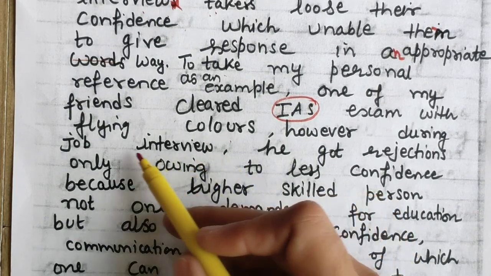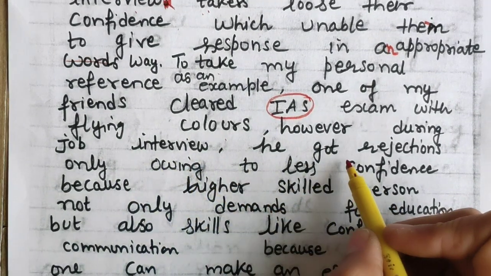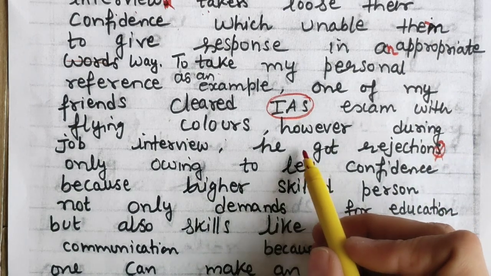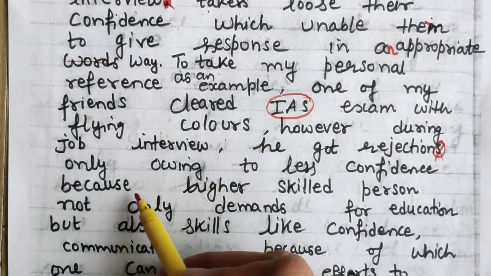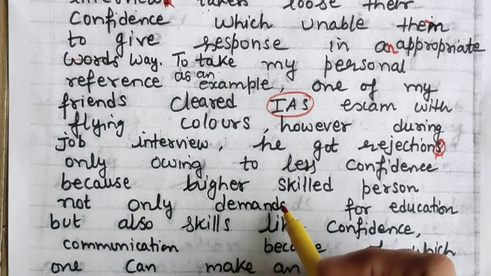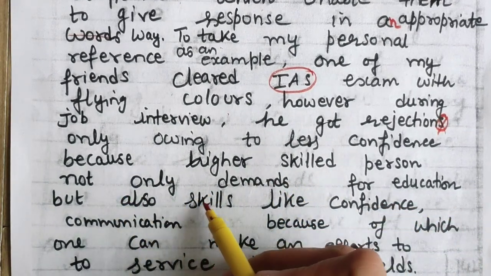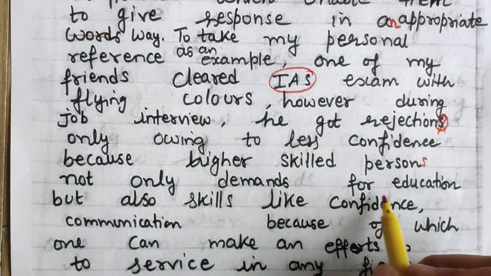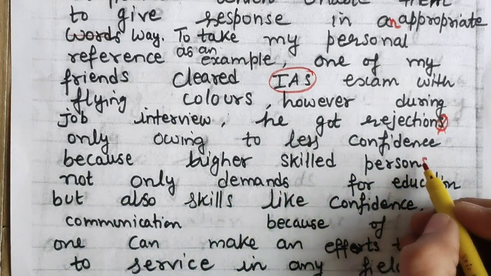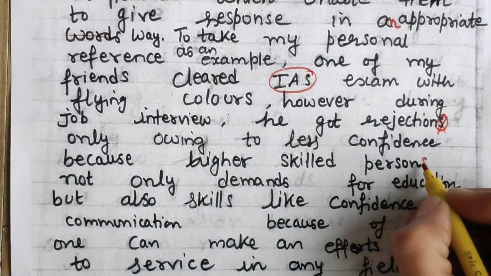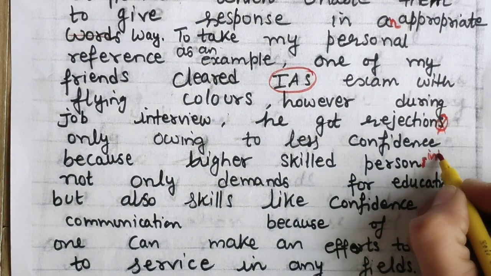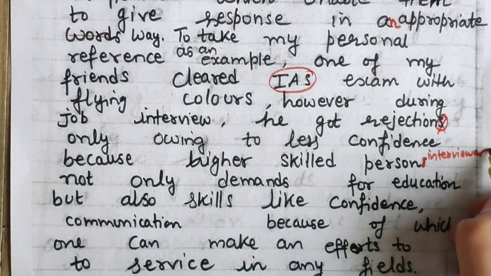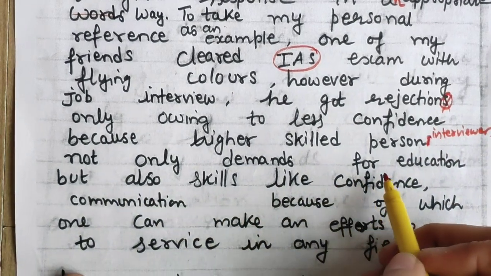Okay, however, during job interview, he got rejections. Why rejections? Only rejection, na? Only owing to less confidence, because higher skilled persons not only demand education, but also higher skilled person interviewer, you can say. Okay, interviewers not only demand education.